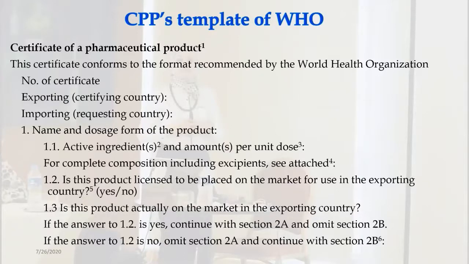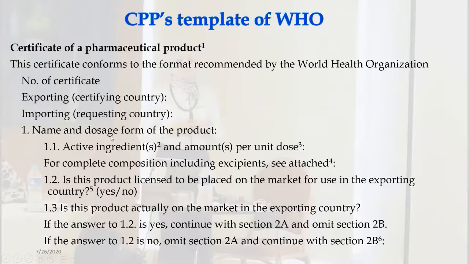The CPP includes some important information, like the number of the certificate, the exporting certifying country, the health authority which will issue the CPP, and the importing country for which we will address the CPP.